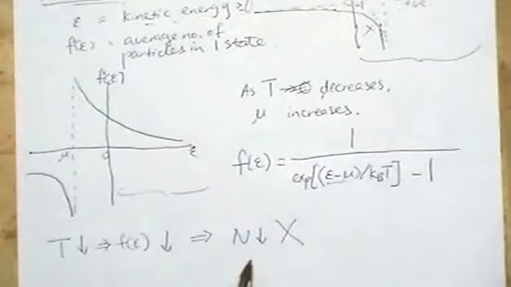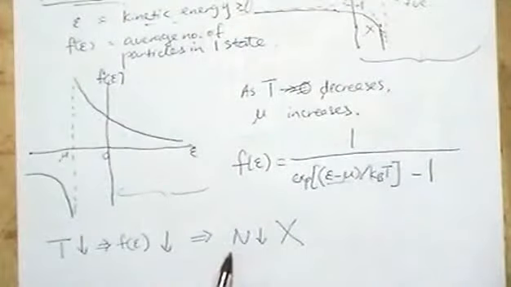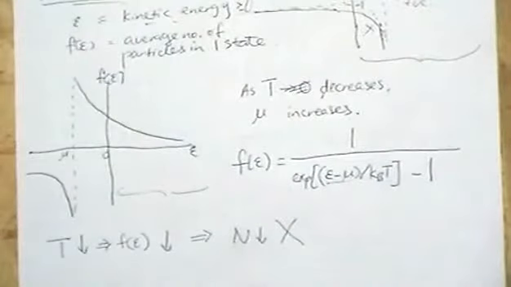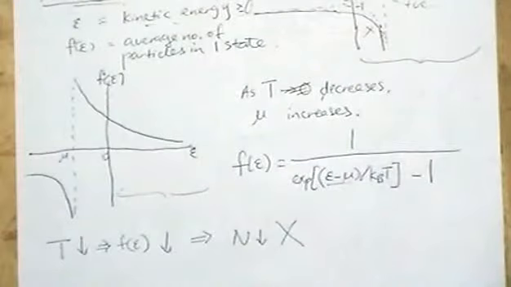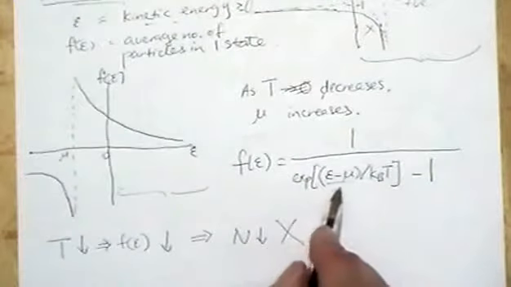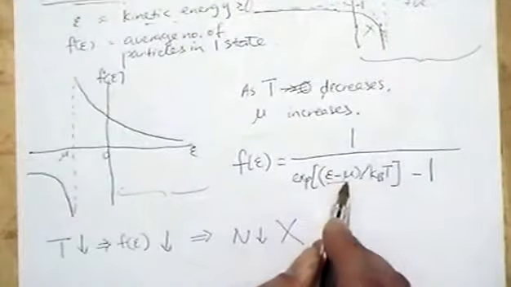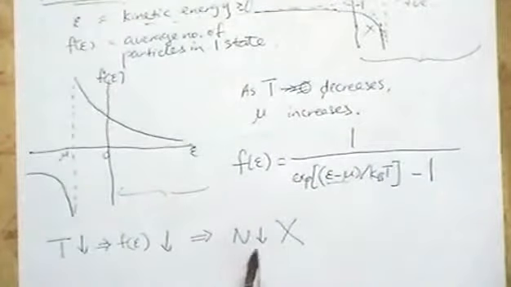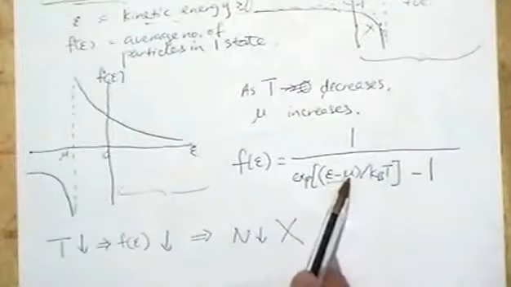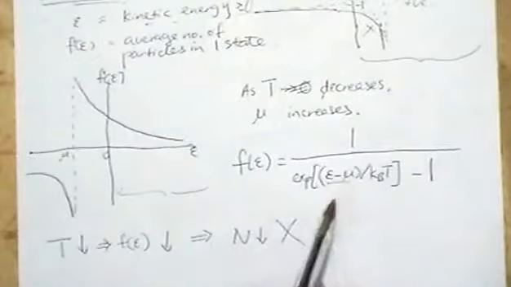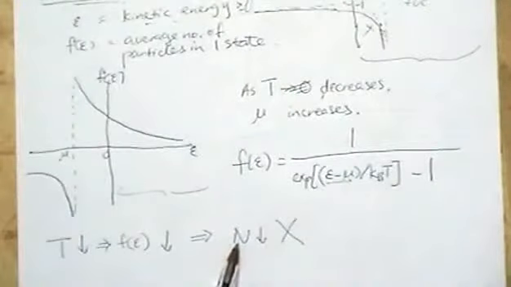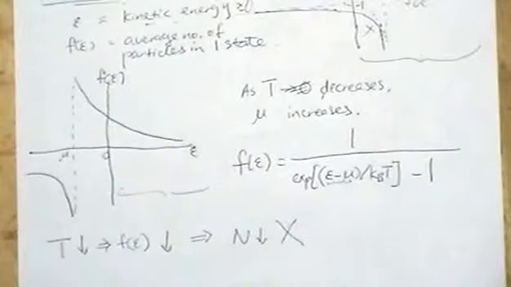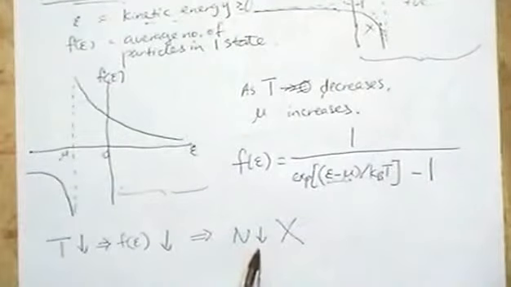So in order for N to remain the same, mu has to change. We can actually make N remain the same by changing mu. And that makes sense, because mu is supposed to depend on N.